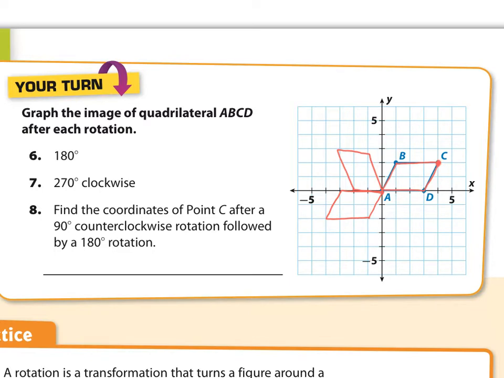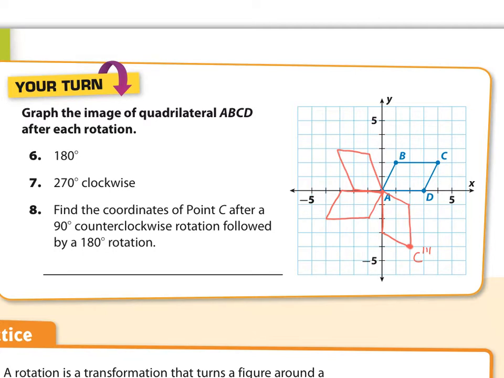Then I'm going to go 90 degrees counterclockwise, right? That's this way. And I get this. Then 180 degrees from there. So that means I'm going to go halfway around, which actually brings me here. Oops. Right there. So point C is actually pointing to the bottom. So I can call that my point C, I don't know, triple prime, right? This is the third one that I did.